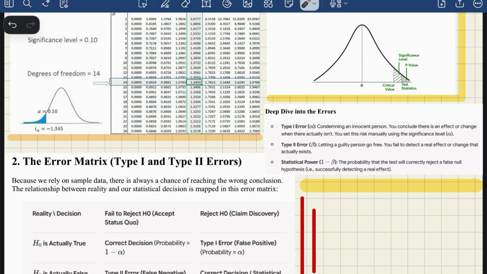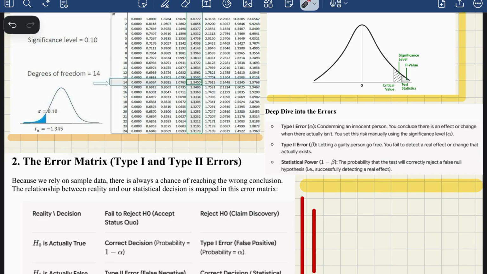Let's look at it quickly. On this side is the absolute truth, which as a data analyst we don't actually know. And across the top, we have the decision verdict: fail to reject the null hypothesis, and reject the null hypothesis.